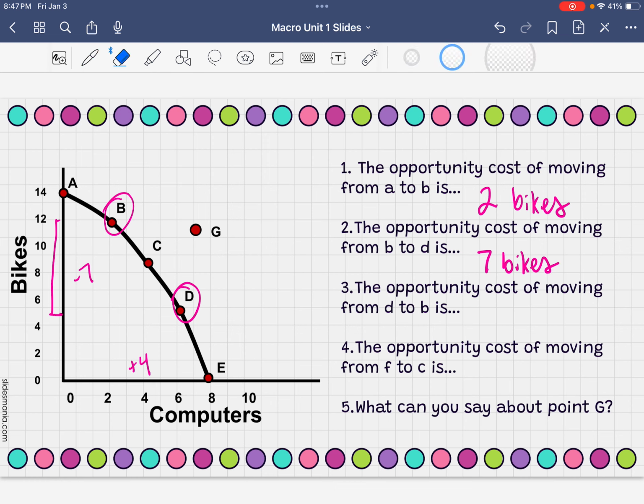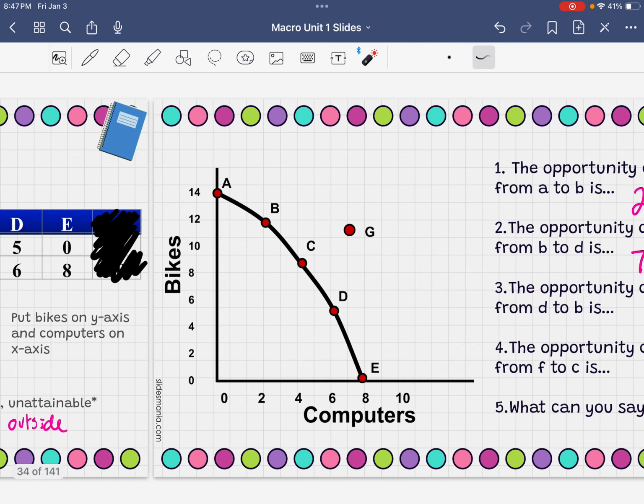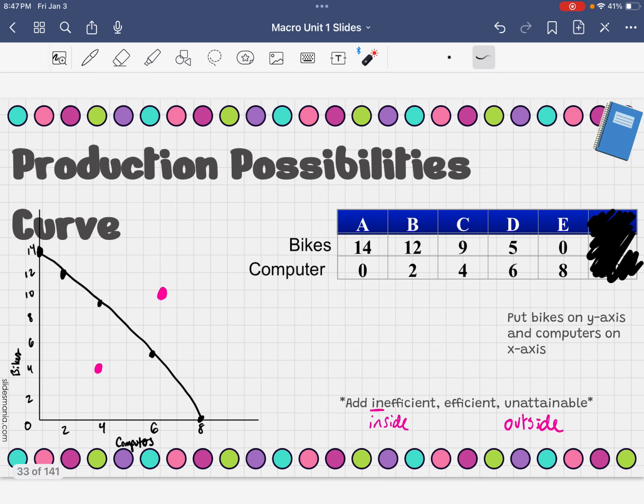Okay, so I'm going to go and do this on the chart so you can see if you were to ever encounter a question where you have an opportunity cost chart instead of graph, you could do it that way. So the opportunity cost of moving from D to B is what? So I'm going to go back to here, and I'm going to go from D, so I'm going to circle D, to B. And I'm going to think, what did I gain?